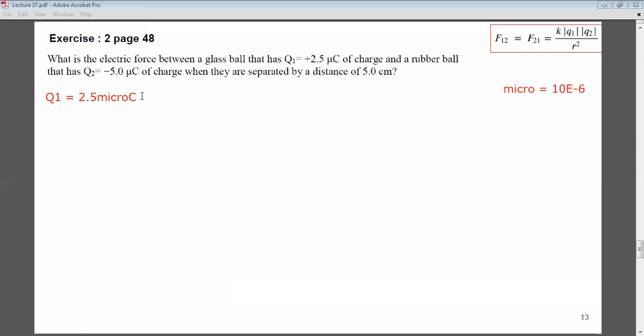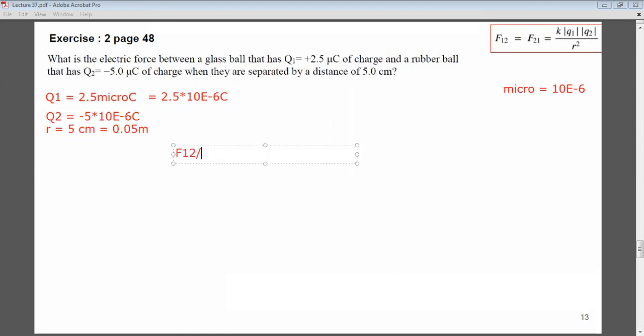So this is equal to 2.5 times 10 power minus 6 coulomb. And a rubber ball whose charge Q2 is equal to minus 5 microcoulomb, so minus 5 times 10 power minus 6 coulomb, separated by a distance r equal to 5 centimeter, which is 0.05 meter. So what is the electric force?